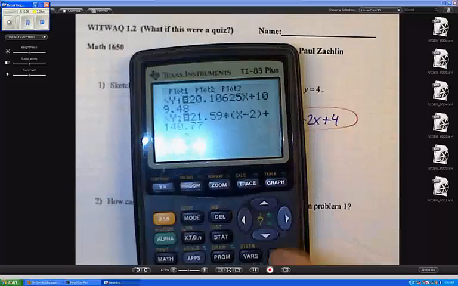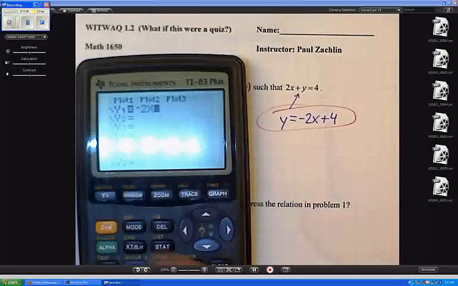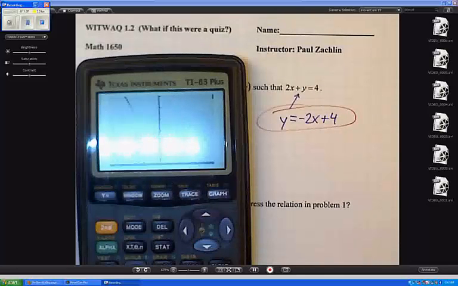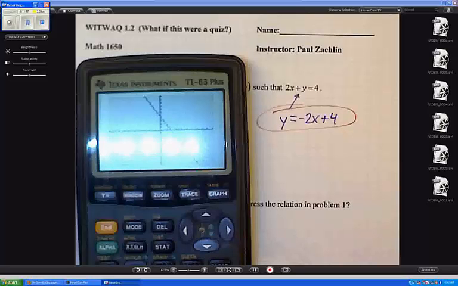So if I type in negative 2x plus 4, and go to the standard graph, there's a pretty good graph picture of y equals negative 2x plus 4. You guys already know how to graph lines, so I'm not going to spend a lot of time on it. But that's the picture we would get.